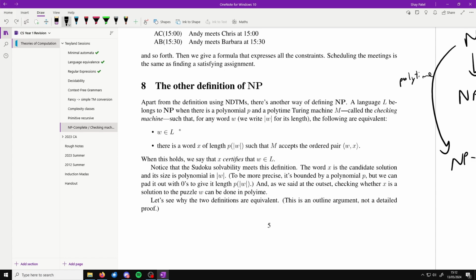So if the word is in the language, then there's also some other word X, which is polynomial in the length of this word, where M accepts the ordered pair of the word and this X variable. So this is our word, and we say X is a certificate for this word.